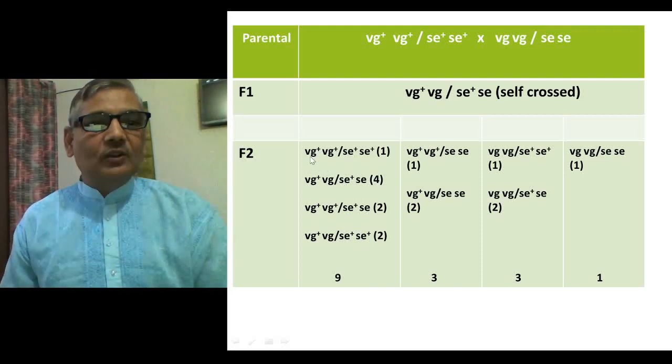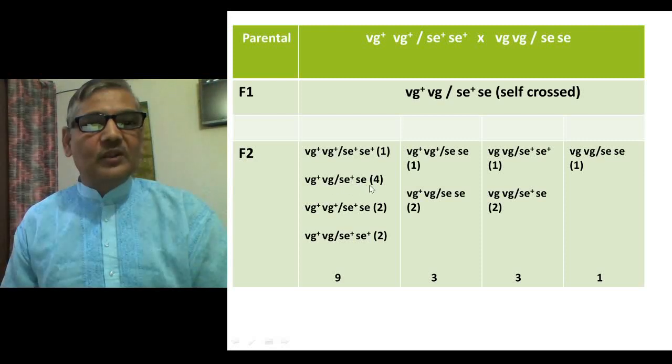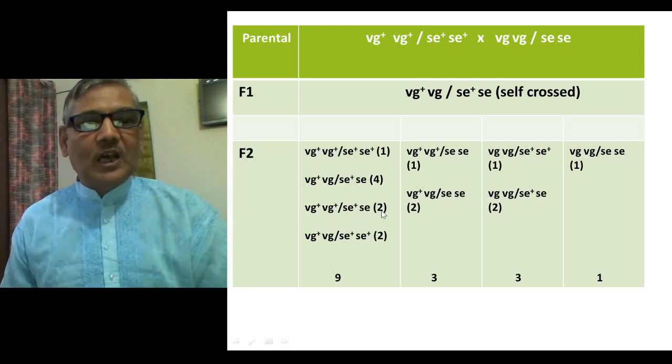All those individuals who will be Vg plus and Sc plus will show normal phenotype. Likewise, Vg plus Vg and Sc plus Sc, they are heterozygotes, and they will show normal phenotypes.